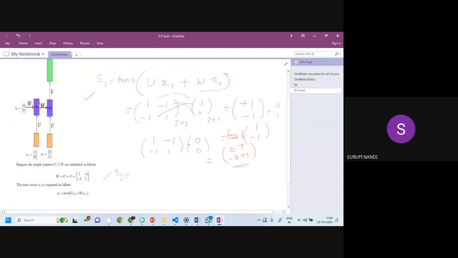So what we have to do is press 1 and then press tanh and then we'll get 0.76. Minus 0.76 and 0.76.